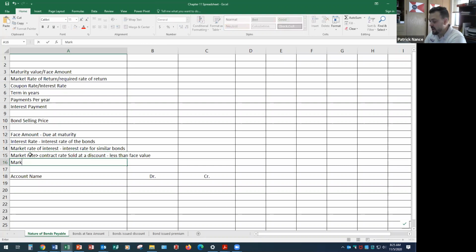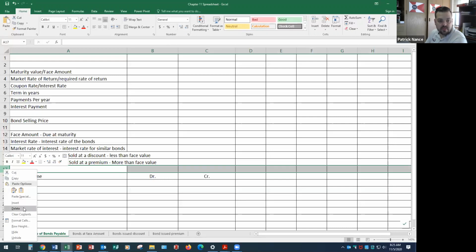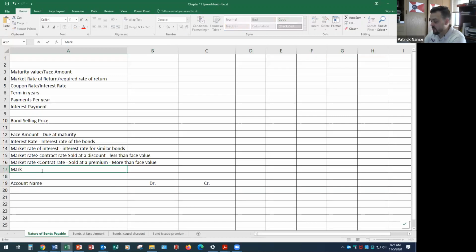If the market rate is less than the contract rate, it's sold at a premium, which is more than face value. And finally, if the market rate equals the contract rate, the interest rate, then it will be sold at face value.